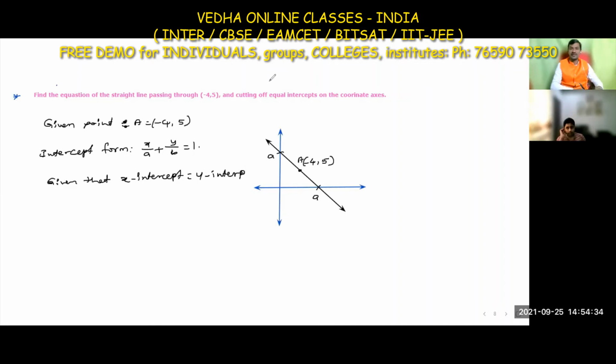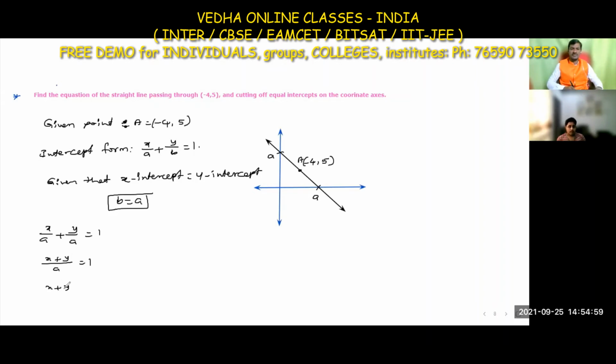That means I am taking b is equals to a. This a is x-intercept, b is y-intercept. B I am taking as a. So now if we substitute, replace, x by a plus y by b, b also replacing with a only, is equals to 1. Take LCM. LCM is a. So x plus y is equals to 1.